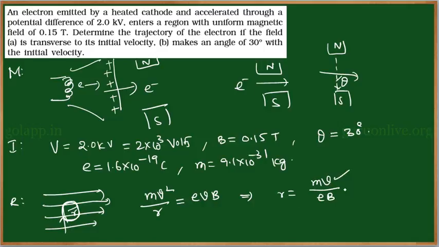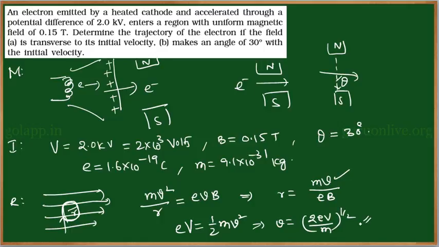But this v is the velocity of the electron. The velocity of the electron is due to the projection of the electron under the electric field. So the electric field energy eV is equal to the energy gained by the electron, that is kinetic energy, half mv square. So from this v is equal to (2eV by m) whole to the power of half.